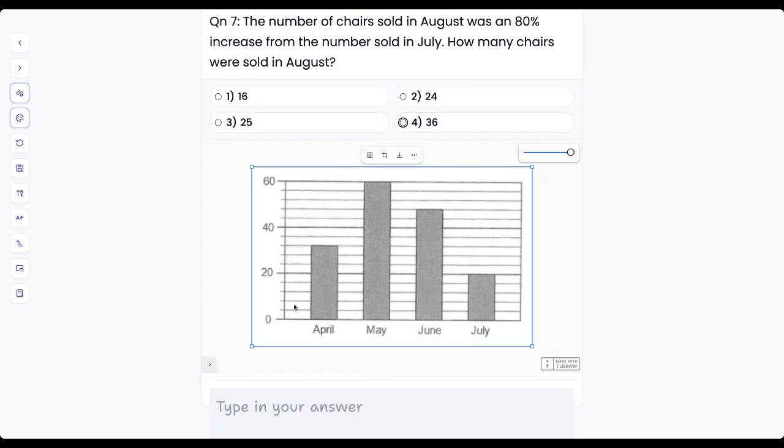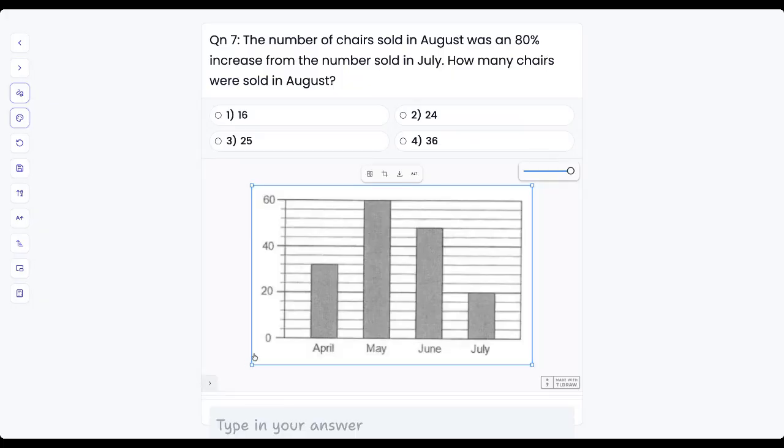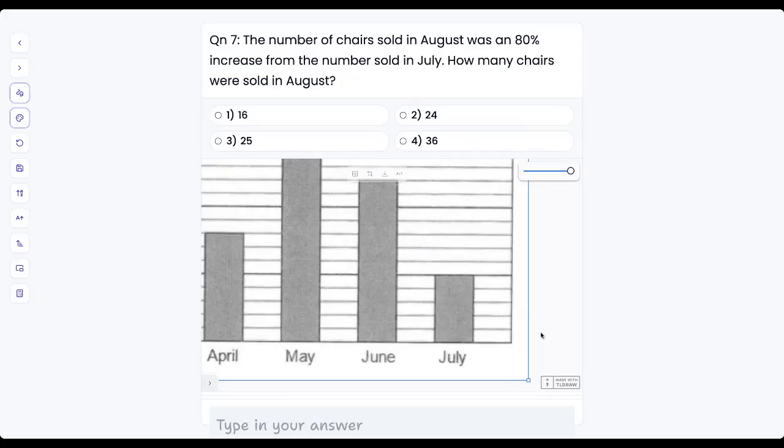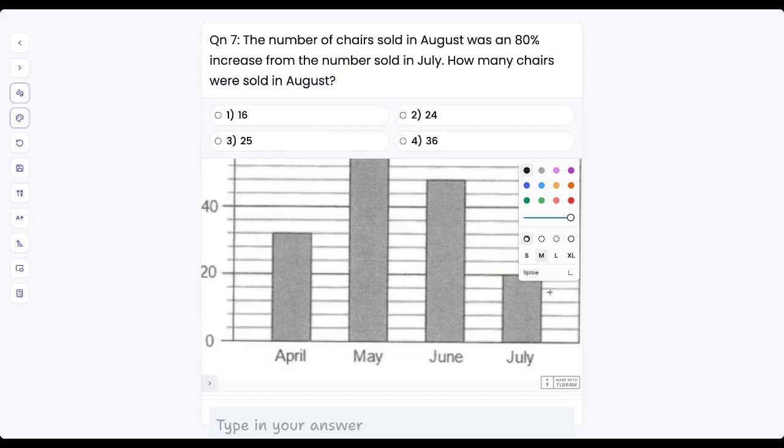Question number 7. The number of chairs sold in August was an 80% increase from the number sold in July. How many chairs were sold in August? We can look at July, and July corresponds nicely to 20 over here.